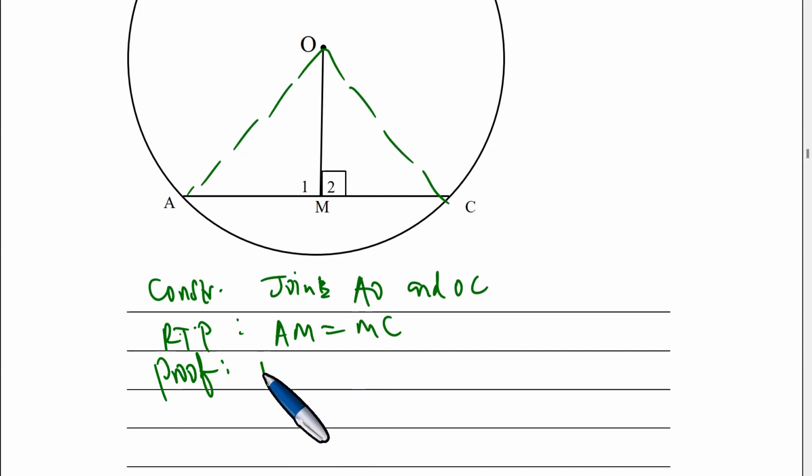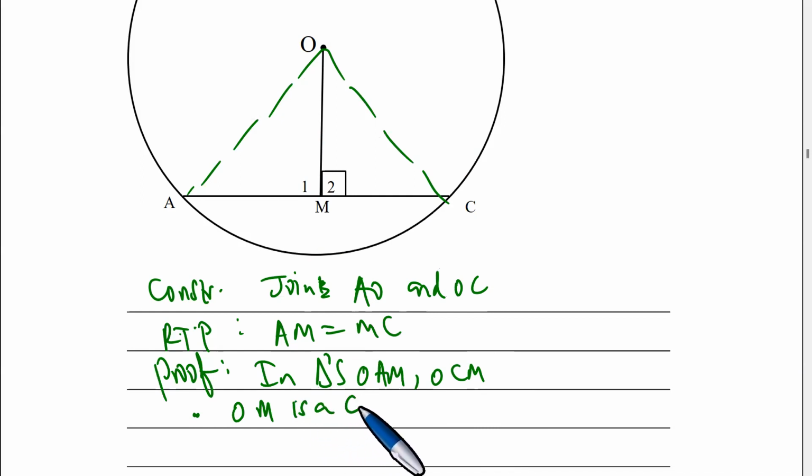So we're going to be based in triangles OAM and OCM. So we can see that OM is a common side of these two triangles. They're both joined by the side OM.